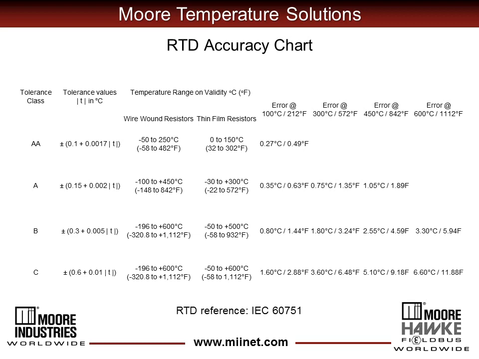If we were to use a 100 ohm platinum Class A RTD at 300 Fahrenheit, its uncertainty would be plus or minus 0.8 degrees Fahrenheit. If you think of these past three slides, you could loosely say that going from a standard grade thermocouple to a premium grade thermocouple, you cut your error in half.